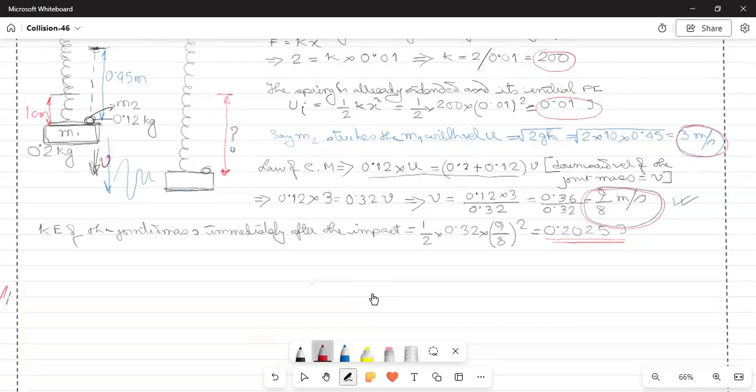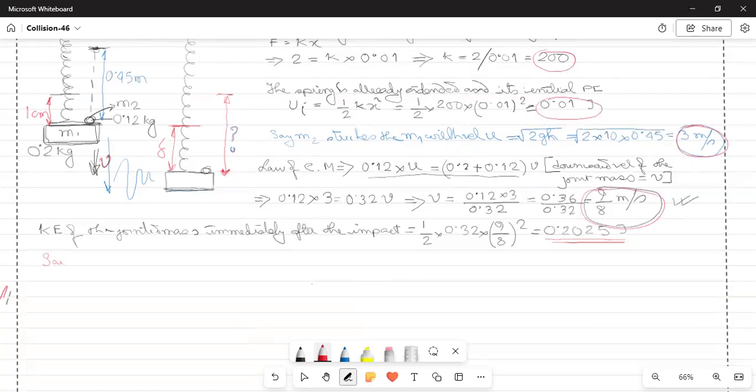Now what we do, we consider this additional extension. Originally it was here, and this additional extension we consider to be delta. So the total extension of the spring from its neutral is delta plus 1 centimeter.